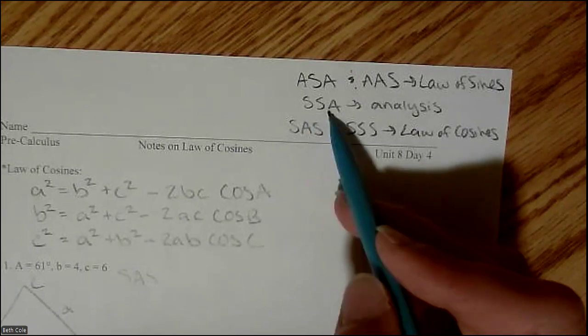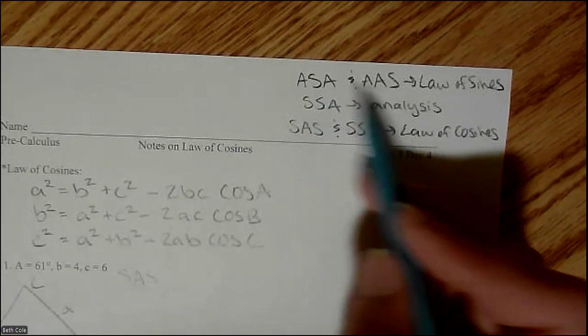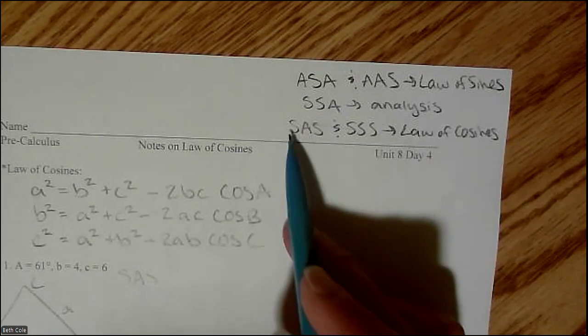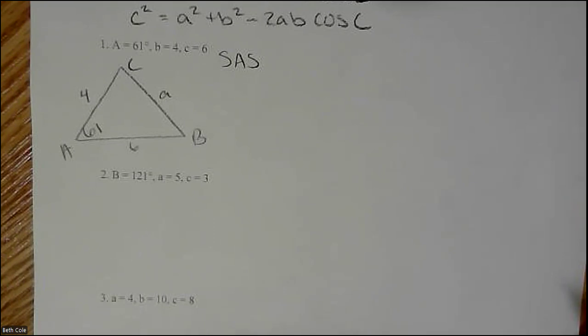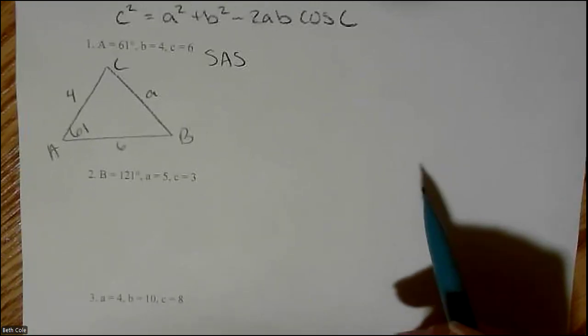So if it's side, side, angle, that's that analysis. If it's one of those first two that we did, it's law of sines. Here we got side, angle, side, so it's law of cosines. So the pattern is what tells you what you're going to do. So let's list out what we are missing.